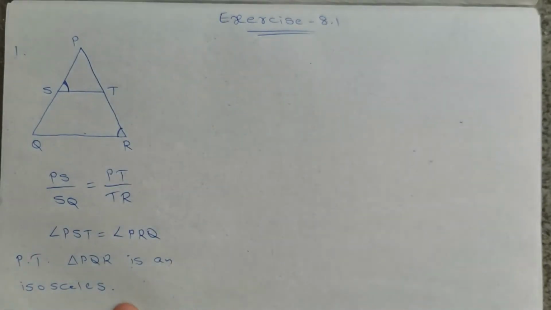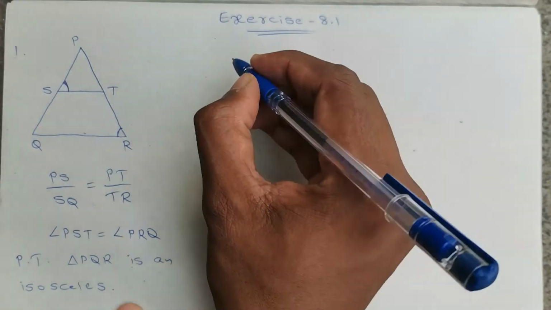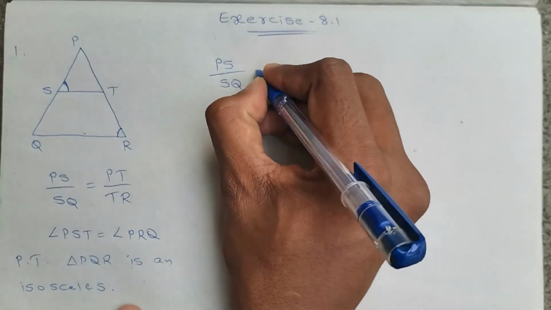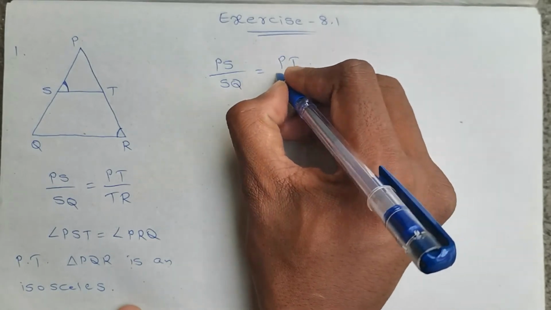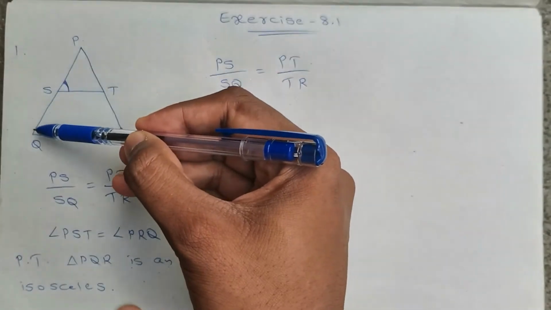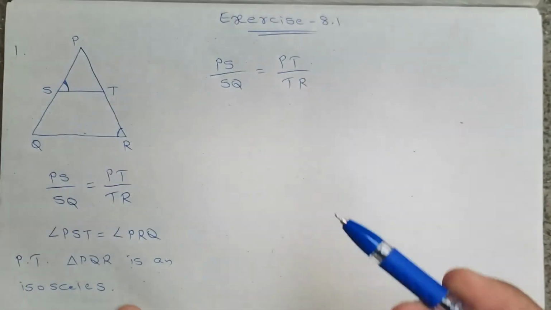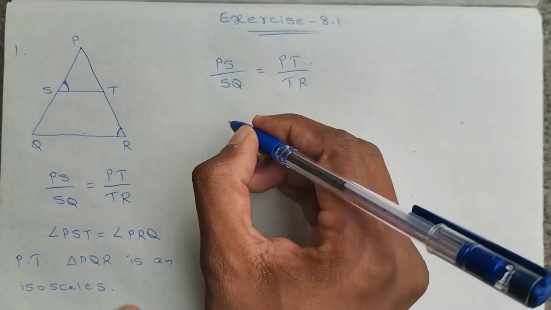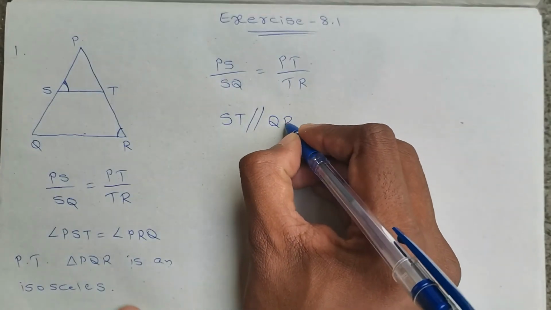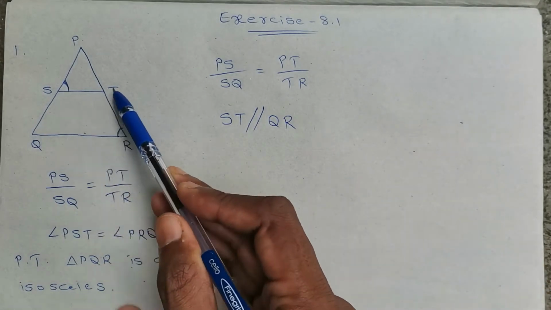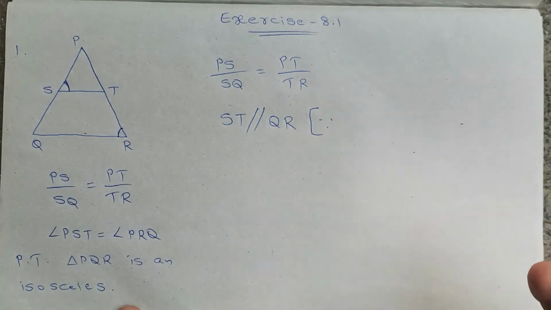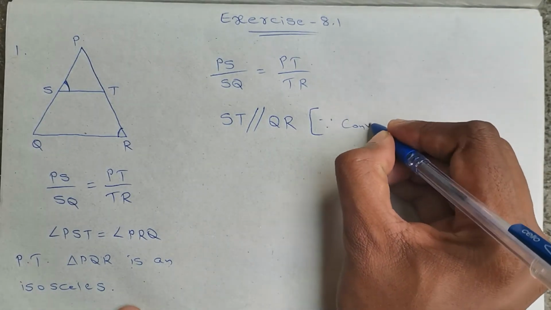Now if we observe the condition which he gave, PS divided by SQ is equal to PT by TR. So from this we can conclude ST is parallel to QR, according to the converse of BPT.